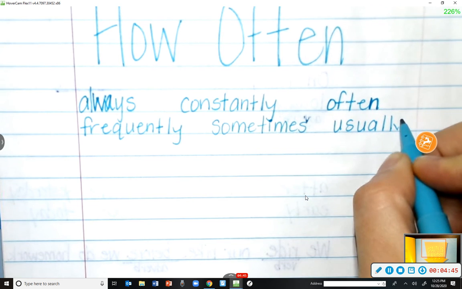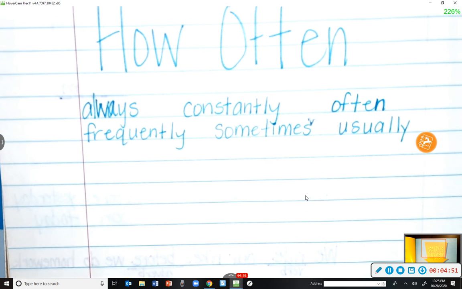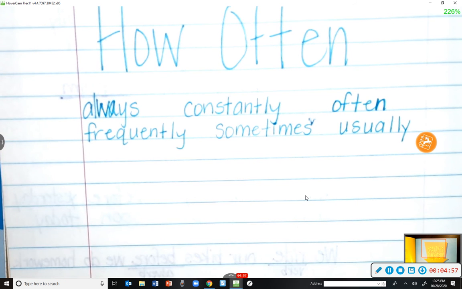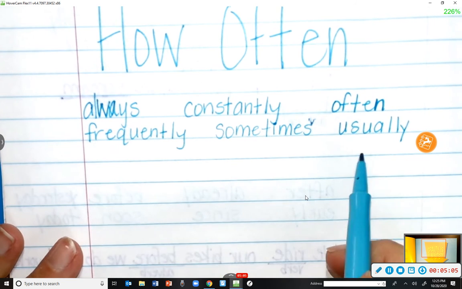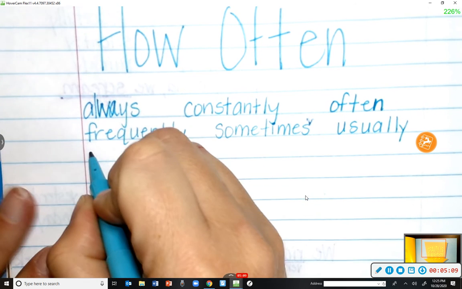And just like yesterday, we wrote down a lot, but that wasn't all of them. We're just writing down some examples. So don't look at this list and say, well, if it's not on this list, then it's not an adverb. That's not true. We're just writing down some of them. Okay. Let's see. We did usually, sometimes, occasionally.